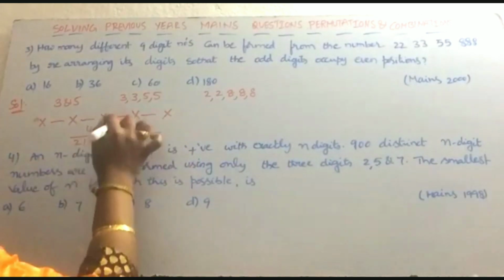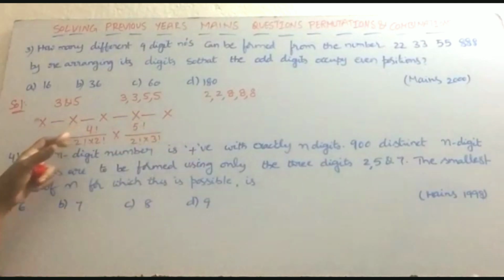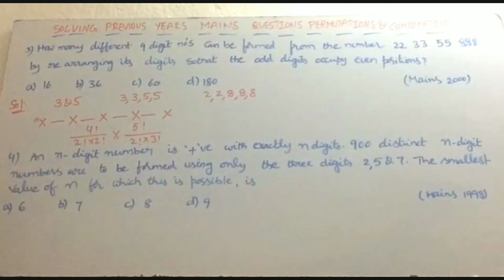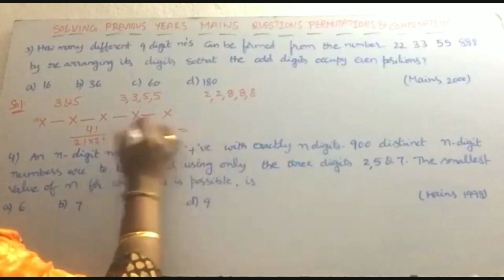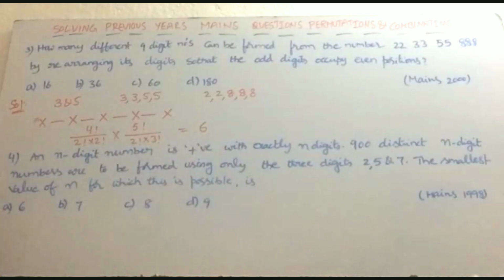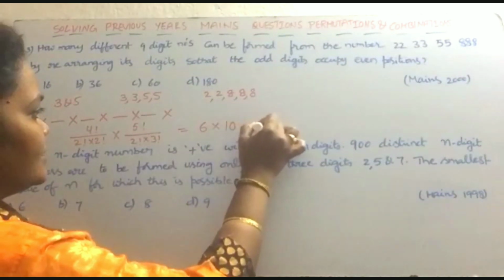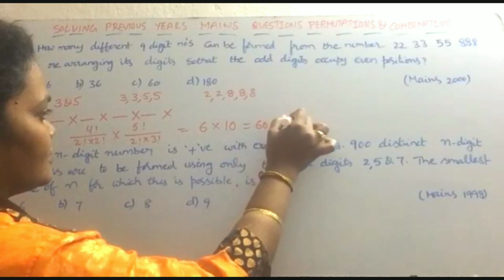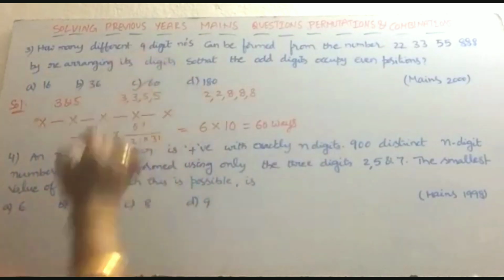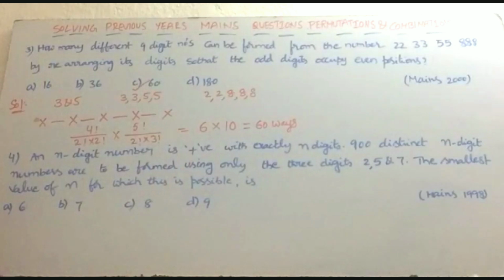So here 4 factorial by 2 factorial into 2 factorial, that is equal to 6, into 5 factorial by 2 factorial into 3 factorial. That is 10. That means 60 ways. So option C is correct.